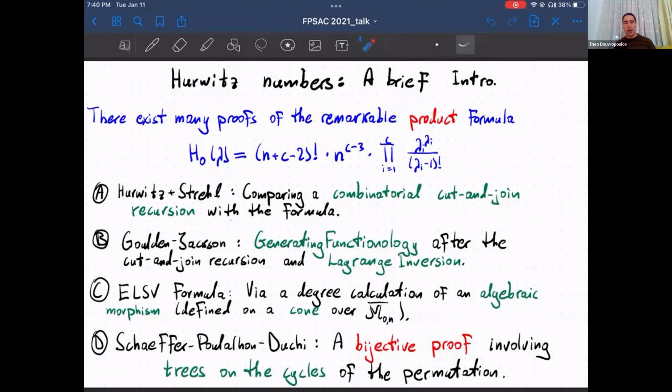This goes down to calculating the degree of an algebraic map defined over M_{g,n} bar, the compactification of the space of curves. This is a difficult object, and the formula comes out of doing certain natural integrations there, but again you cannot explain the product structure.